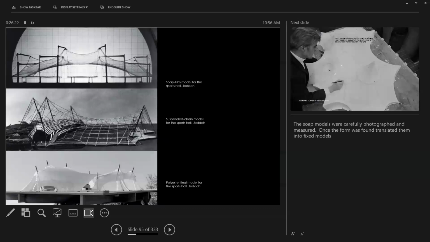You can't reach it. It's separated. And then once they measured it, they would build a second set of experimental models. They would be fixed models that would no longer be movable, no longer be changeable. And then those models would be subjected to different forms of measurement. So this huge apparatus to try to measure the unmeasurable.